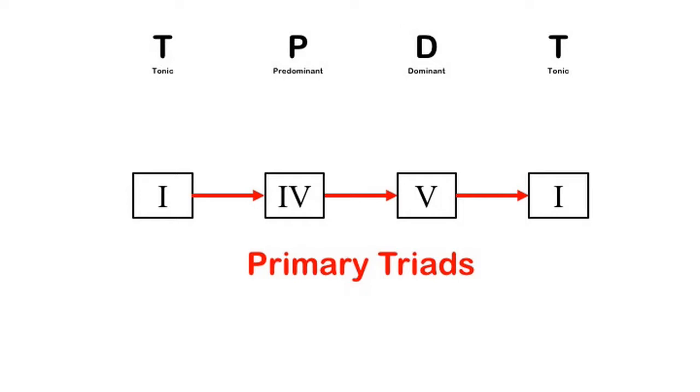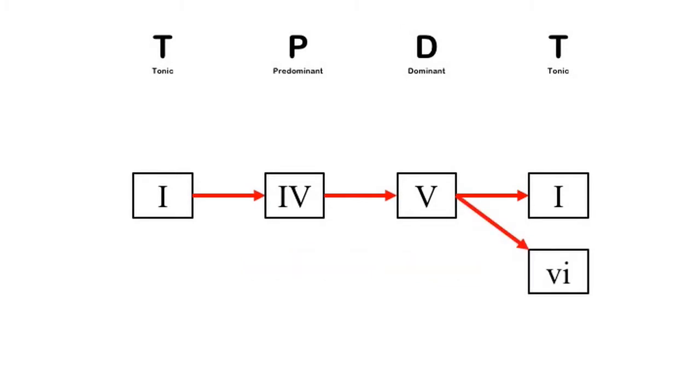When we have a dominant chord, you can think of dominant chords as being like a musical promise. As soon as you write one, there are very limited places that you can resolve. Typically, dominant chords resolve to tonics. But on some occasions, the dominant chord can resolve instead to the submediant or the 6 chord.